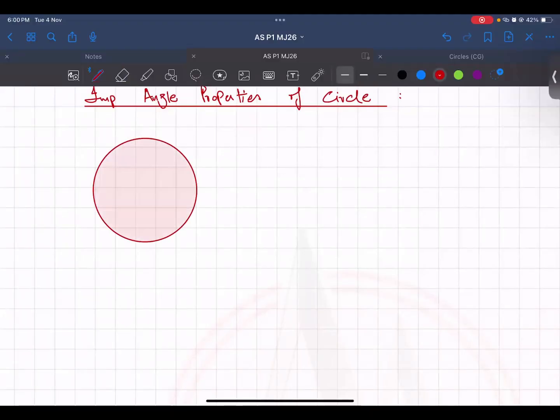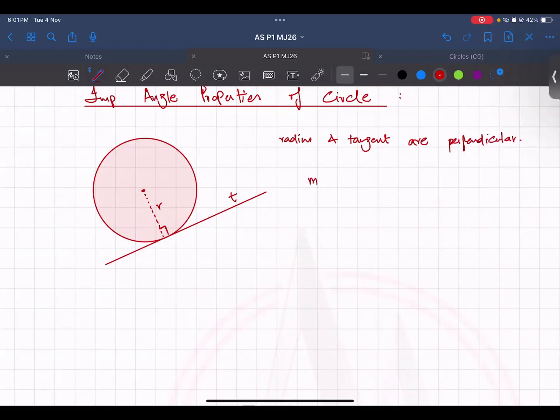If this is a circle, the tangent is simply a straight line touching the circle just at one point, and it is perpendicular to the radius. So when you see that the radius and the tangent are perpendicular, then you can apply the property of perpendicular lines as well.